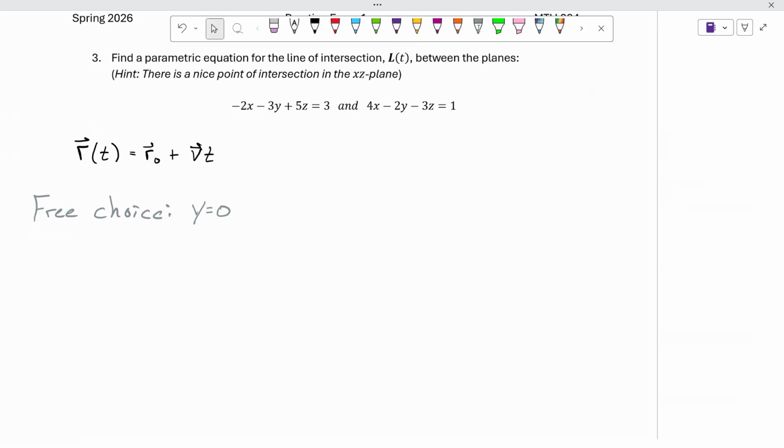I expect that I'll have an easier time solving those two equations. So I've got negative 2x plus 0 plus 5z equals 3. And I've got 4x plus 0 minus 3z equals 1.